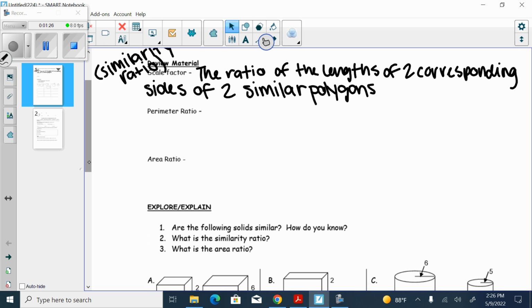All right. Then we have our perimeter ratio. Remember, your perimeter ratio is supposed to be the same as your scale factor or your similarity ratio as far as the numbers go, right? But this is the ratio of the perimeters of two similar polygons.